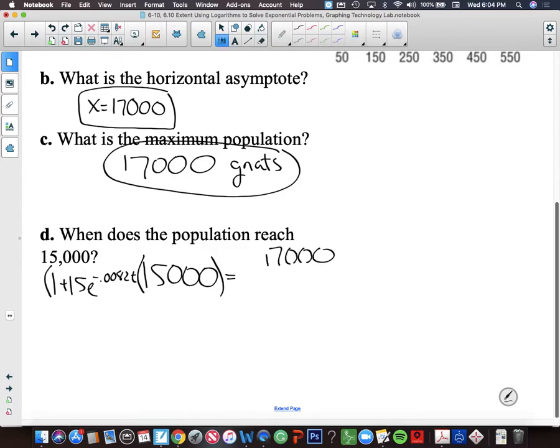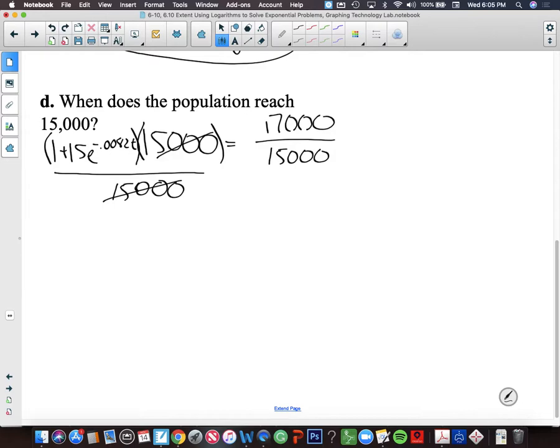Now, the bad option here would be to distribute the 15,000. The better option would be to divide by the 15,000, because we can move it from one side to the other with division. So I'm just going to put that in my calculator to get a decimal. 17,000 divided by 15,000, we get 1.133. That's what the fraction on the right-hand side turns to.